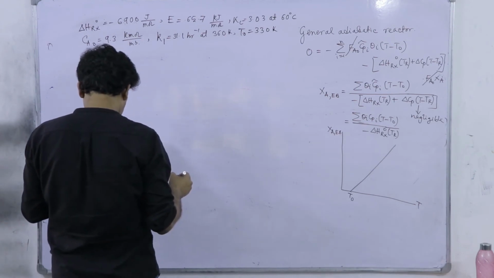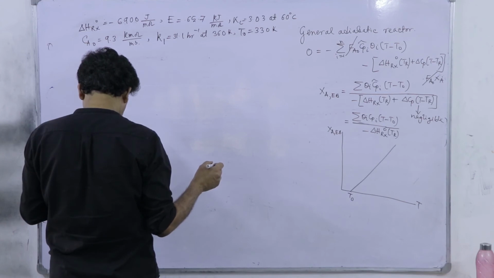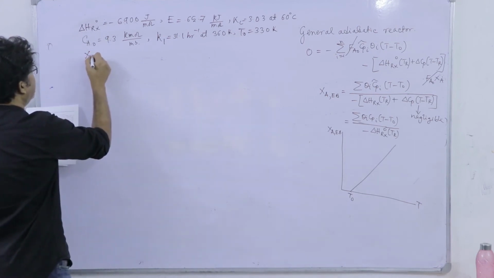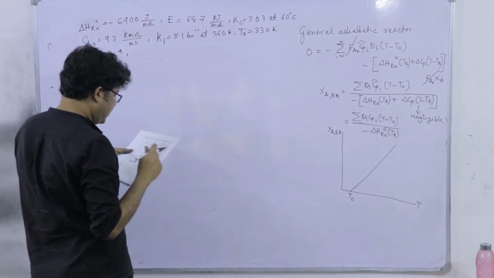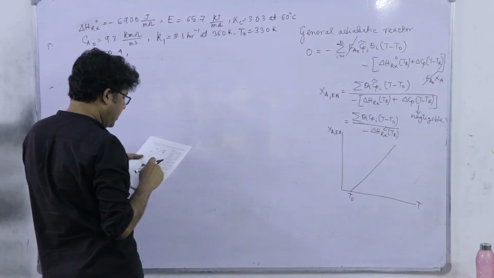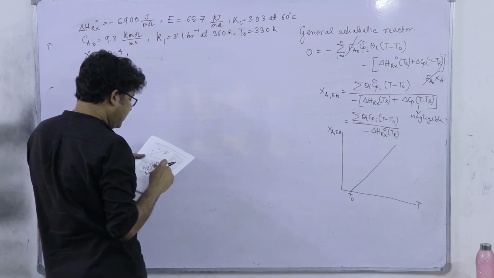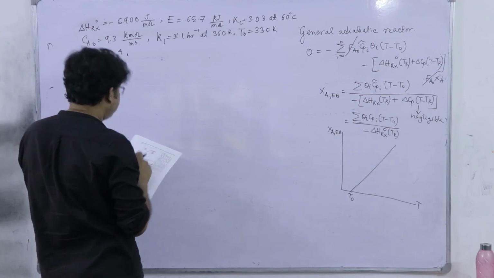Additionally, the Cp's are given, we will discuss that. And we have to go for a conversion of 40%, sorry, it was 40%, of a mixture of 90 mole percent n-butane and 10 mole percent i-pentane.